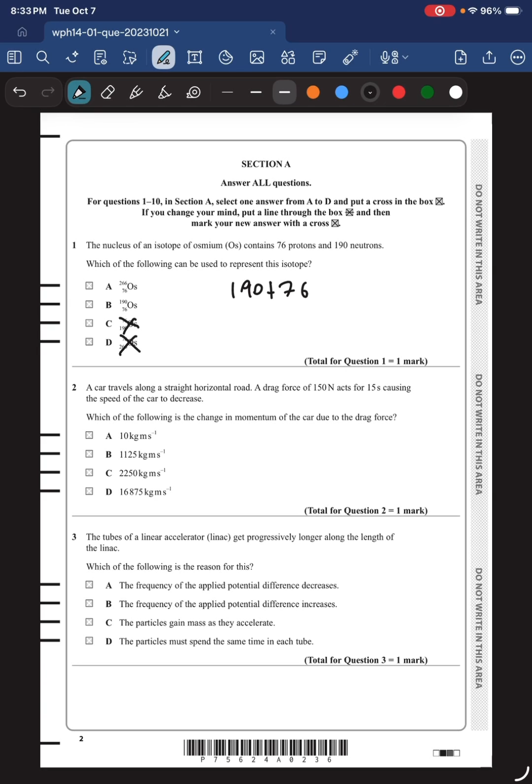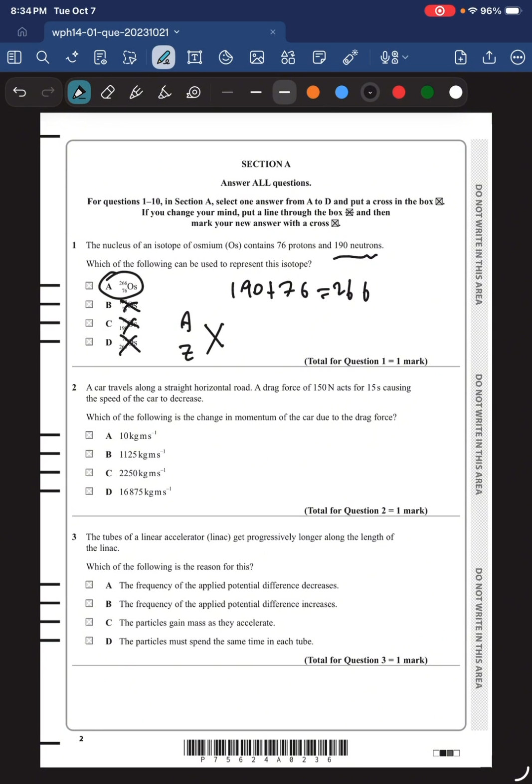So the only correct answer is A or B, and it cannot be B because it already has 190 neutrons, so 190 plus 76 is 266 protons and neutrons, so the correct answer is A, okay? Because remember, for an element X, we need the mass number and the number of protons, okay? Mass number up top, top left, bottom left, proton number, okay?